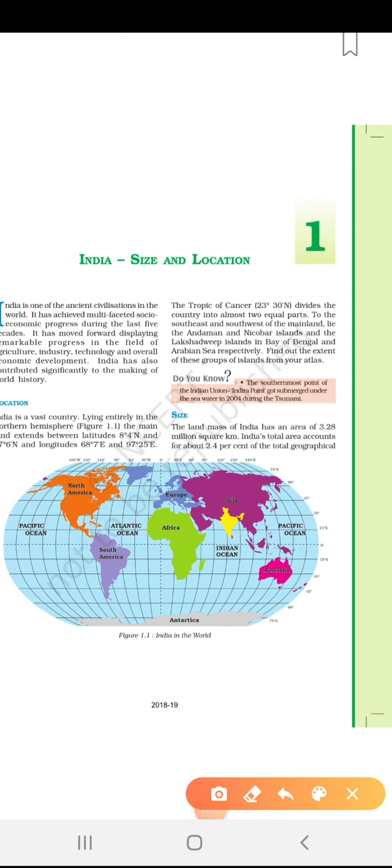So these north to south lines, like these lines, you can see these lines. These lines are actually called longitudes or meridians.